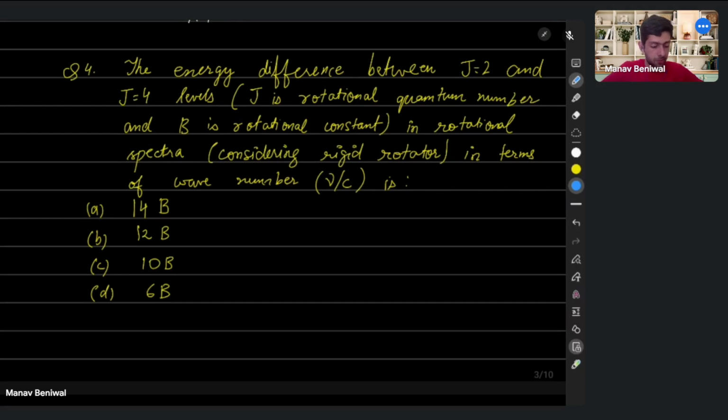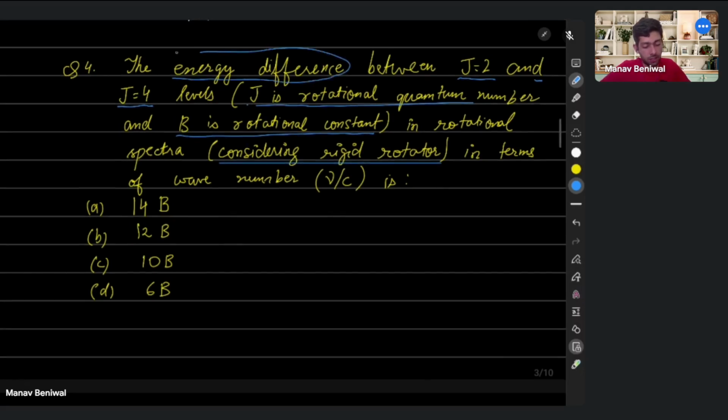So we are given some energy levels, one corresponding to J is equals to 2 and another corresponding to J is equals to 4. It is said that J is rotational quantum number and B is rotational constant. And we are talking about rotational spectra. We are assuming a rigid rotator and we have to find the energy difference.